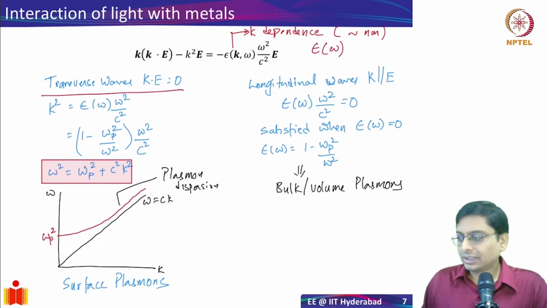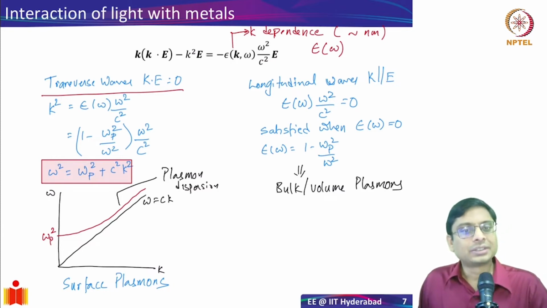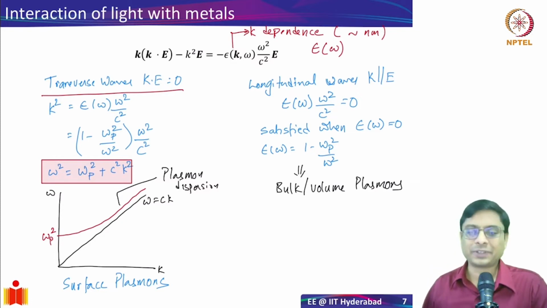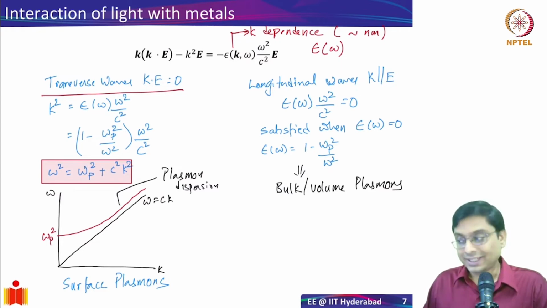All right. The interesting thing is these are longitudinal waves and they cannot couple to the regular electromagnetic waves. If I shine light on a metal, I cannot excite a bulk plasmon. The reason is the incident electromagnetic wave is transverse, and so it cannot excite these bulk plasmons. But they can be excited.